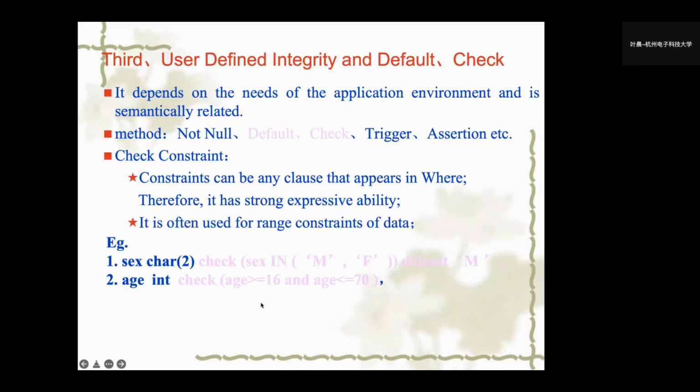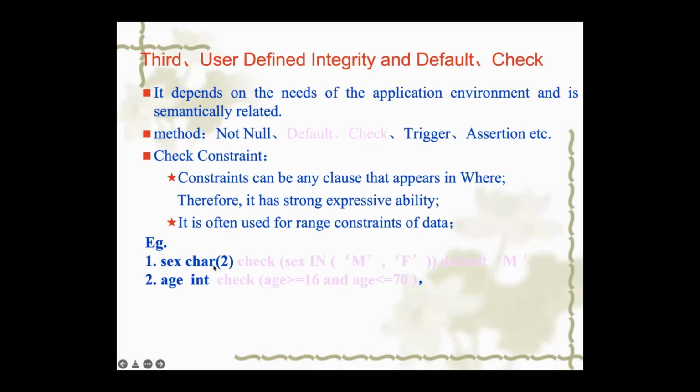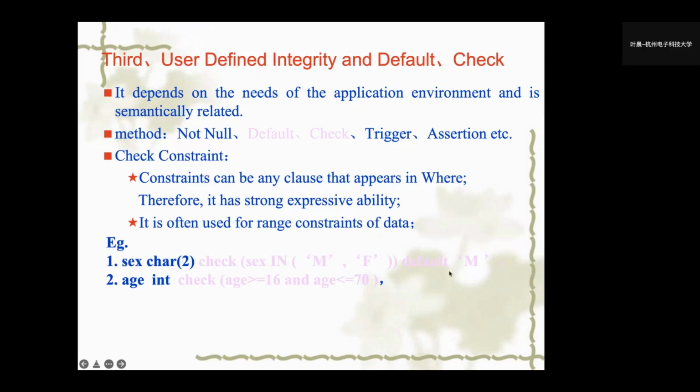For example, if we want to check the attribute of sex, if its value is in the domain of male and female, we can use this kind of check constraints. So you can write this kind of check constraints just after the definition of this attribute.